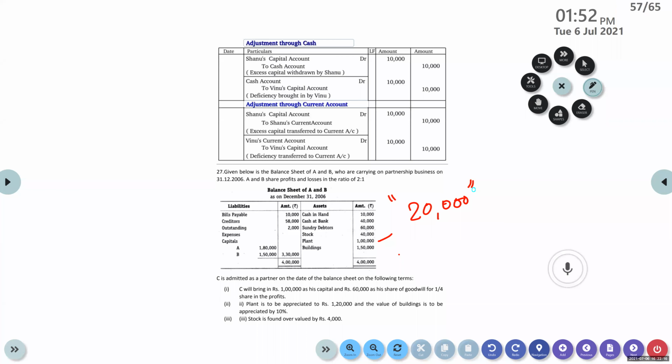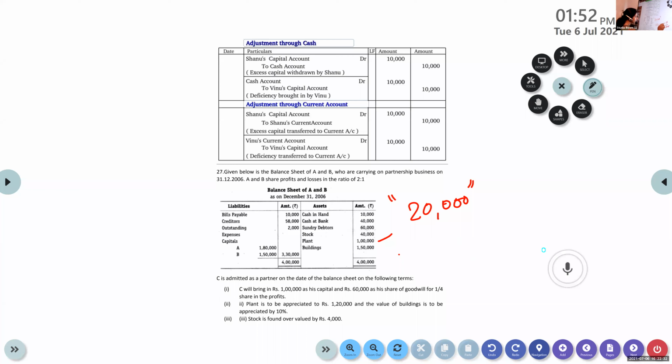And the value of building is to be appreciated by 10%. So we'll find out 1,50,000 into 10 by 100.